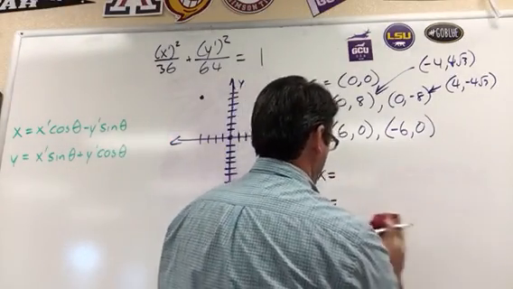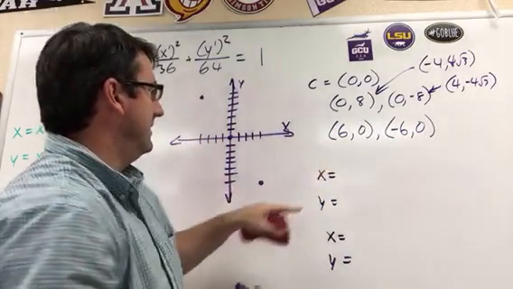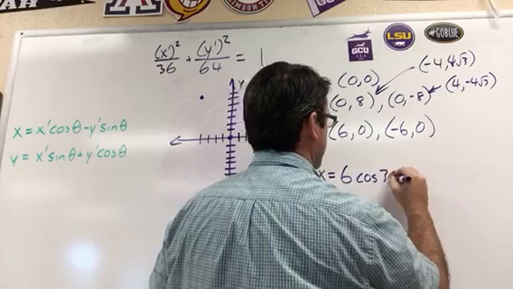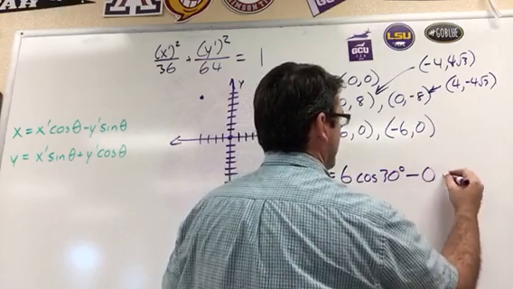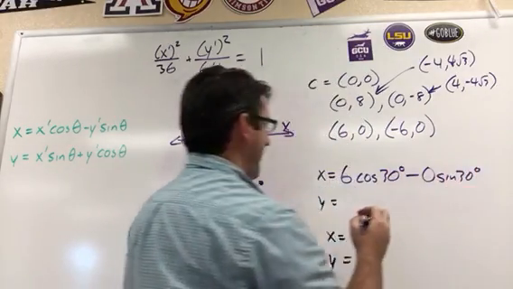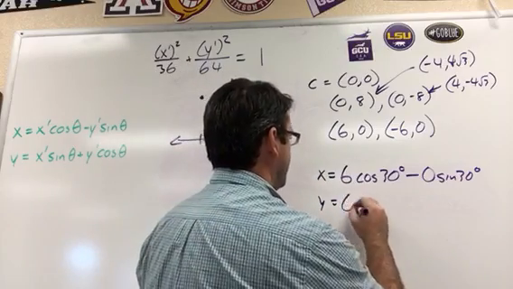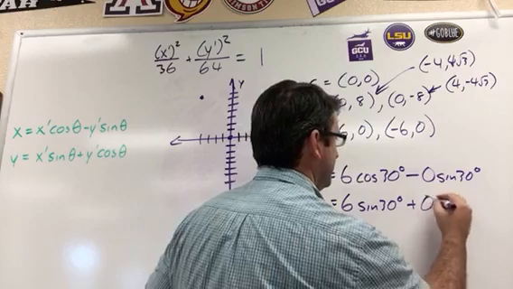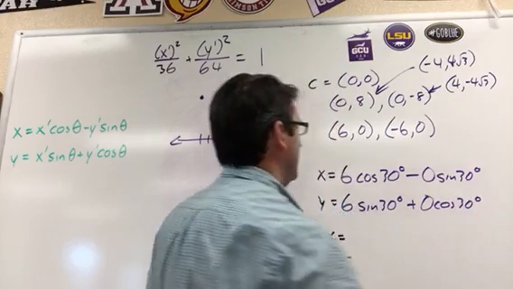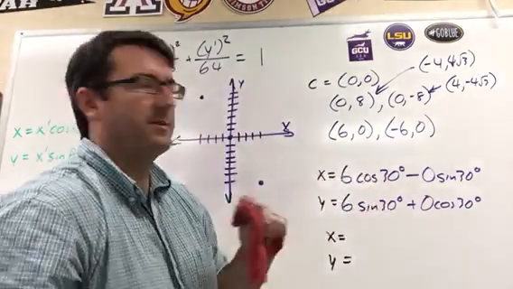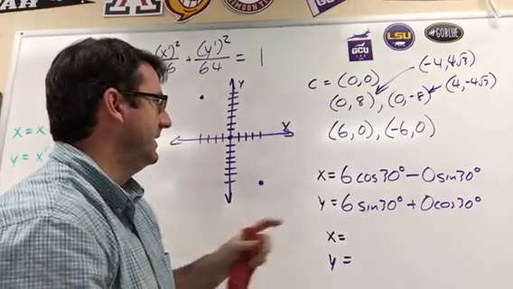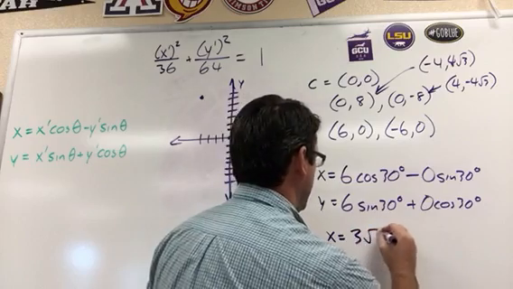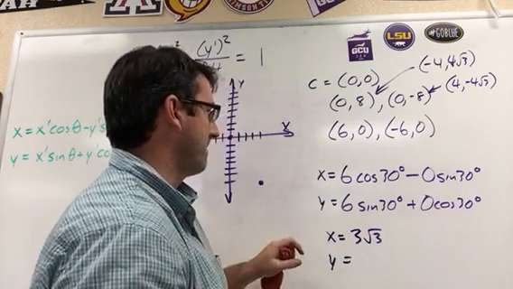All right, now let's convert these two. So we get x is 6 times the cosine of 30 degrees minus 0 times the sine of 30 degrees. And then for y we get 6 times the sine of 30 degrees plus 0 times the cosine of 30 degrees. Cosine of 30 degrees is square root of 3 over 2. Times 6 is going to be 3 square root of 3.